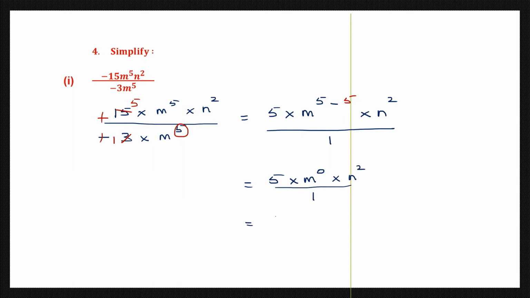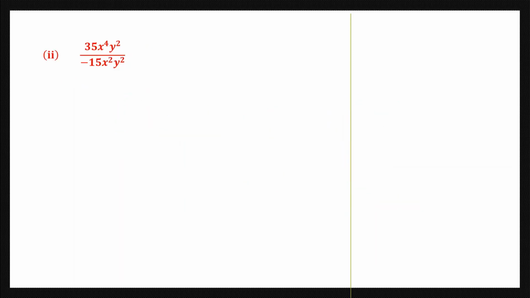So this is 5 into anything to the power of 0 is 1 into n to the power of 2 by 1. So this will be 5n square by 1, or simply 5n square. So this is our answer.